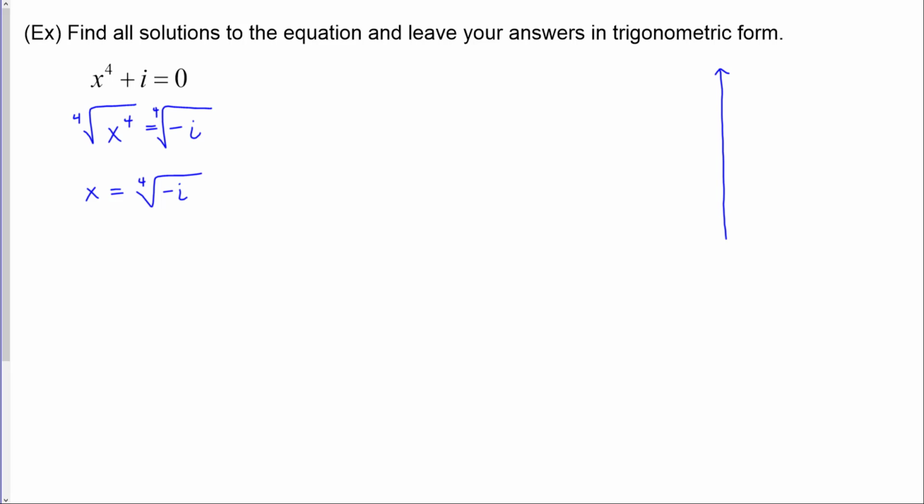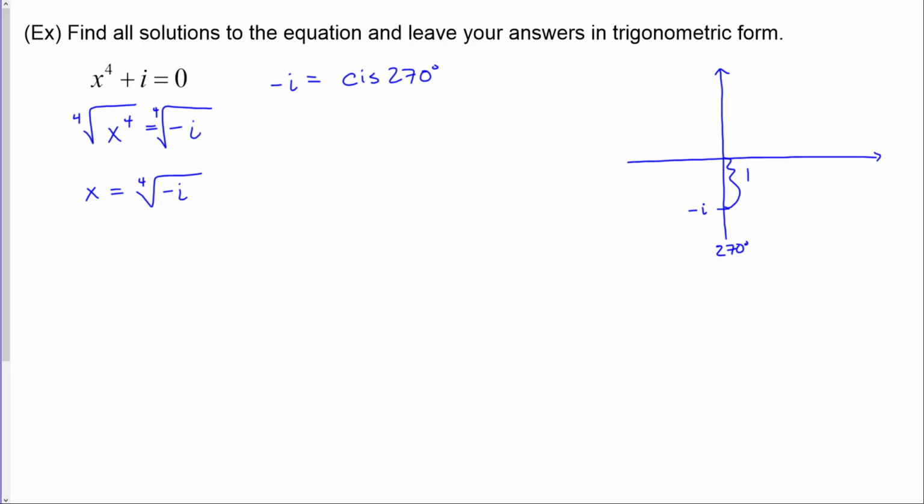So in order to do these fourth roots, I need to change negative i into a complex value in trig form and then apply this nth root theorem. So here's negative i, and it's effectively along 270 degrees. This radius here is going to be 1. So negative i is equal to effectively cis 270 degrees.